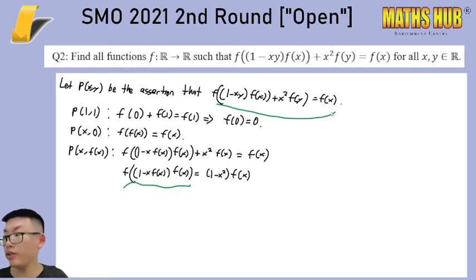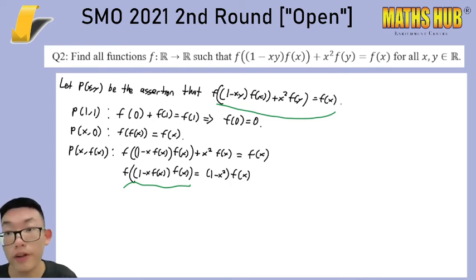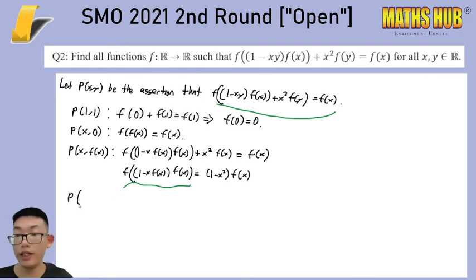And so what I'm going to try to do is simply to make the f(1 - xy)f(x) also look like this. So how do I do that? Well, if you play around a little, you realize that you can do a substitution and you replace x by f(x) and you replace y by x.